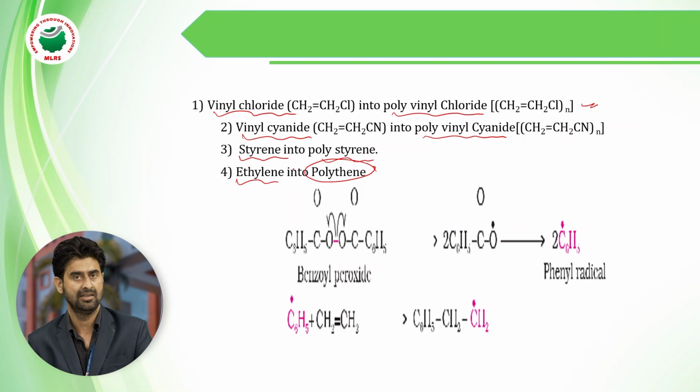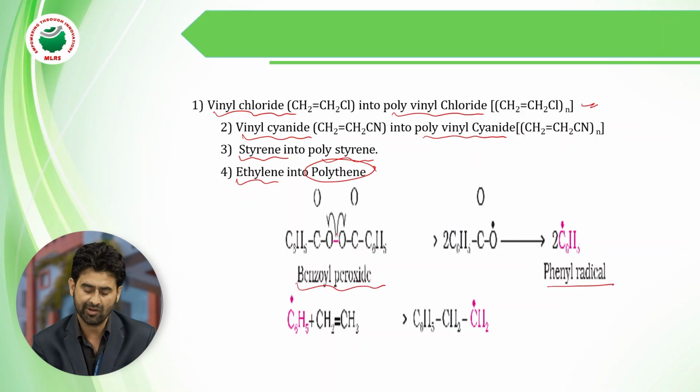The first process of the mechanism of addition polymerization starts with the formation of phenyl radical. We take benzoyl peroxide and the bond is broken in between to form phenyl radicals.